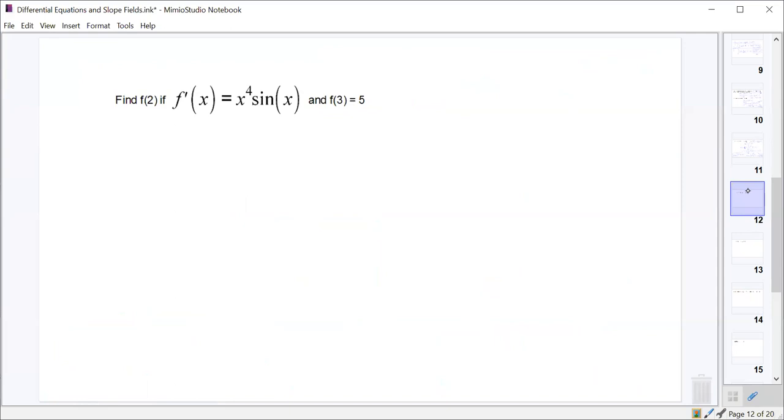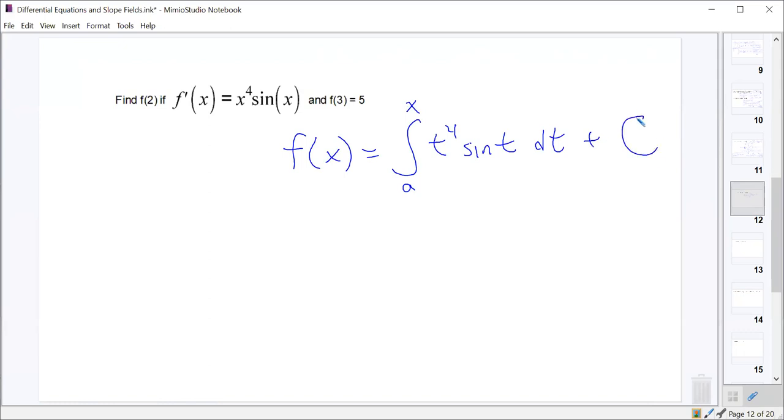We want to find f of 2, and we're given f prime of x is x to the 4th sine x. So what should we do? We should write out that f of x should be equal to the integral from some constant to x of t to the 4th sine t dt plus some other constant, because then the derivative of this is x to the 4th sine x, and that satisfies this.